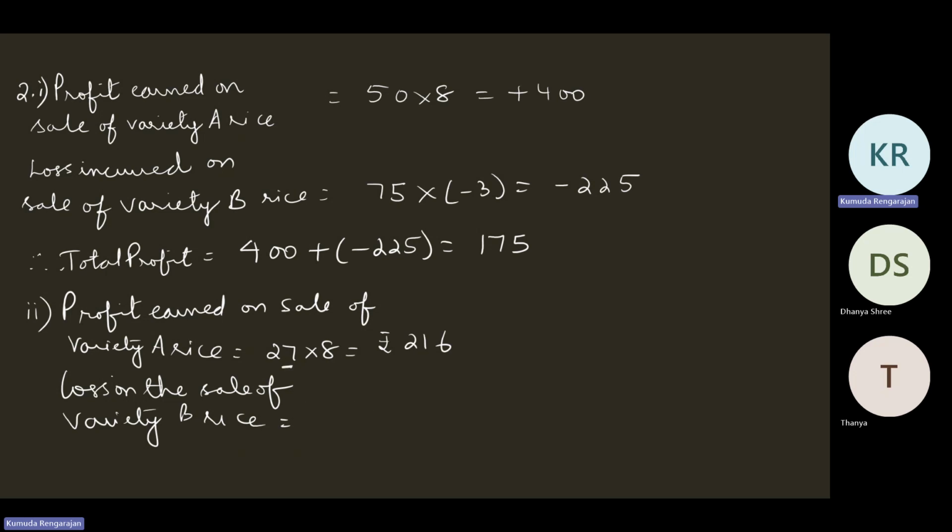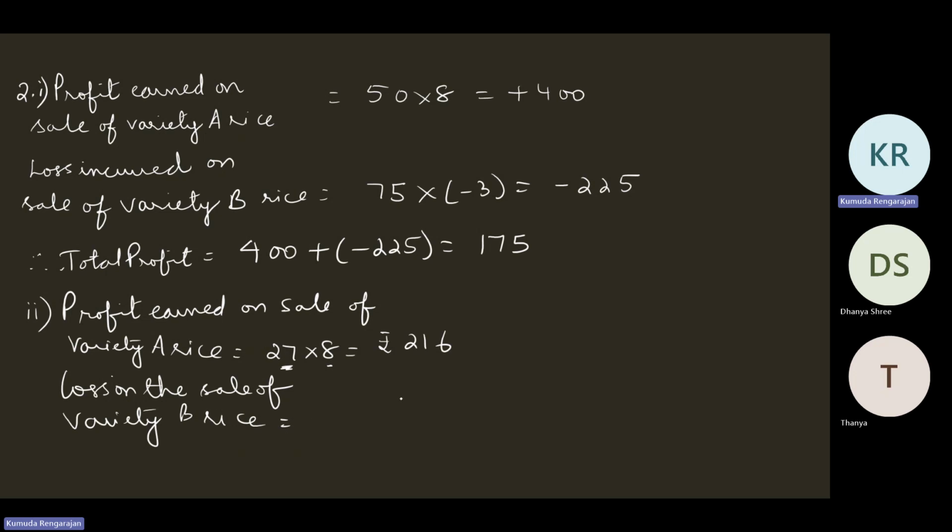See, 27 is the quantity of variety A rice sold, and 8 is the profit per kg. So you will multiply the quantity and the profit per kg to get the total profit earned on selling variety A rice. Similarly, how will you find the loss on the sale of variety B rice?